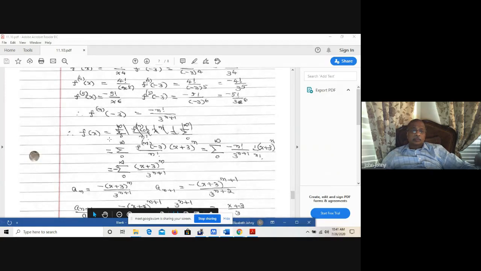And therefore, the series is sigma n from 0 to infinity of f^(n)(a) over n factorial times (x minus a) to the n.